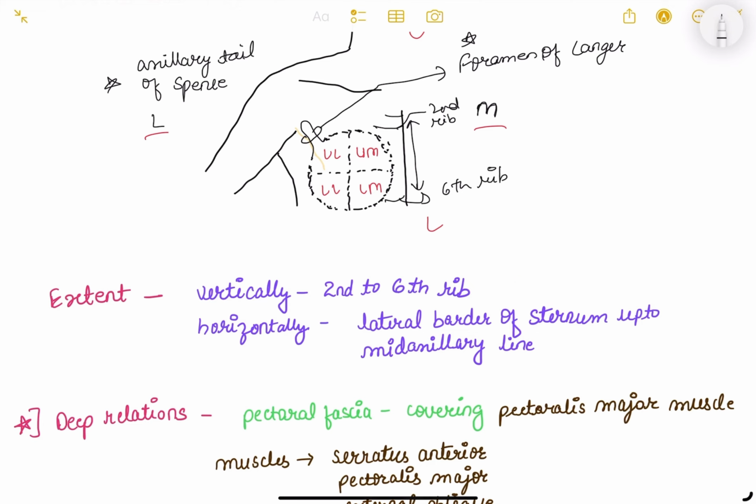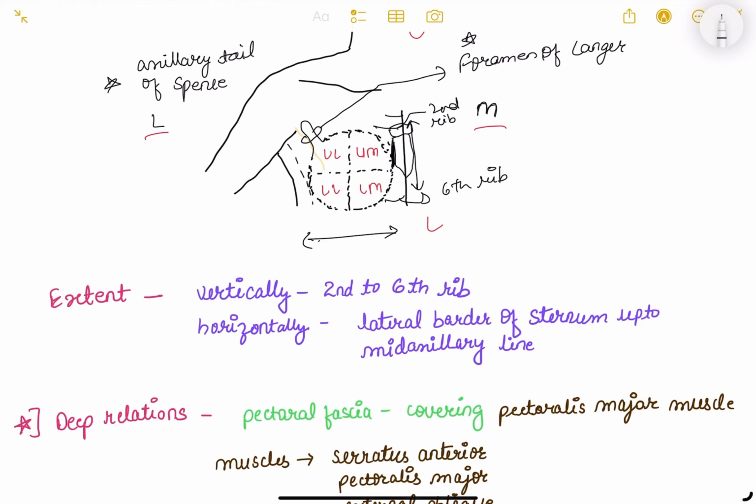Okay. Now horizontally, it is going to extend from the lateral border of the sternum. For example, if this is our sternum like this, okay, so from its lateral border up to mid axillary line.